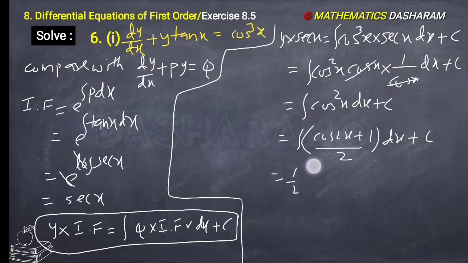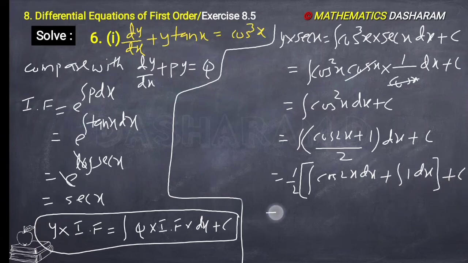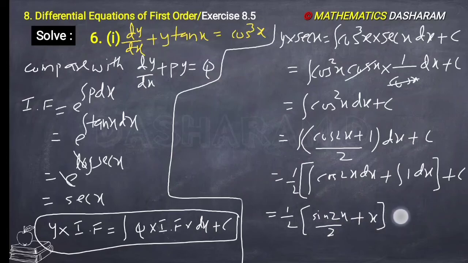So 1 by 2 is a constant, so 1 by 2 bracket of integration cos 2x dx plus integration 1 dx plus c. So 1 by 2 bracket of cos 2x integral is sin 2x divided by 2, plus integration 1 dx is x, plus c.